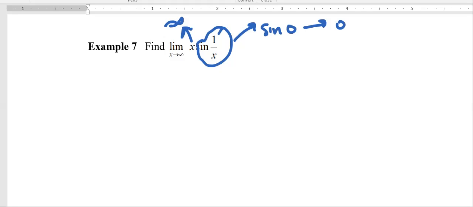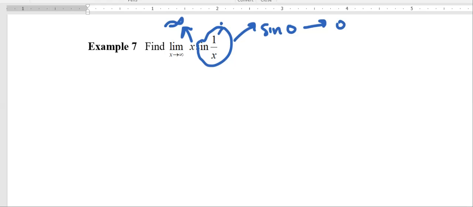Because the 1 over x is heading to 0, this is heading to sine of 0. So we got kind of a tug of war going here. Infinity times a 0. What's going to happen? It's not obvious. Will it be a 0? Will it be infinity or something between that?